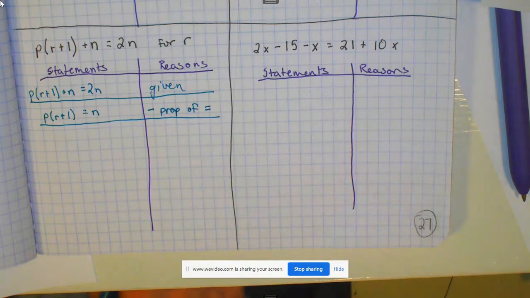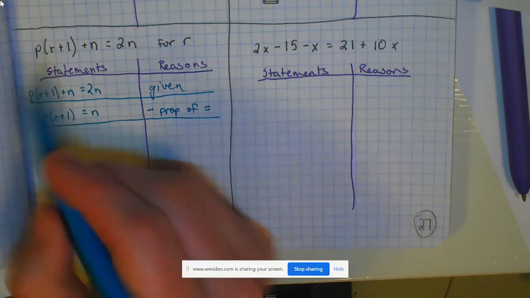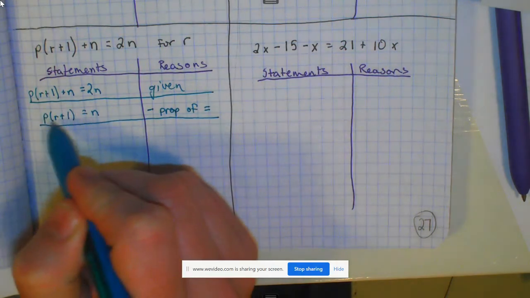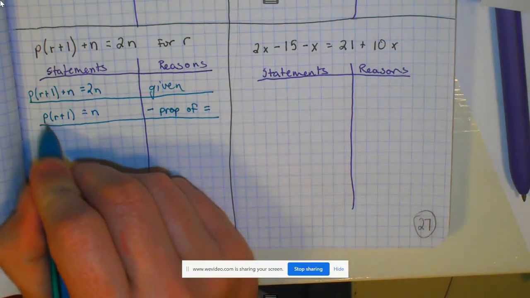Okay. The next thing we're going to do, and we could do this differently depending on what equation you have, but I'm going to go ahead and divide. Instead of distributing P, I'm going to divide both sides by P. If I divide by P, that goes away over here.